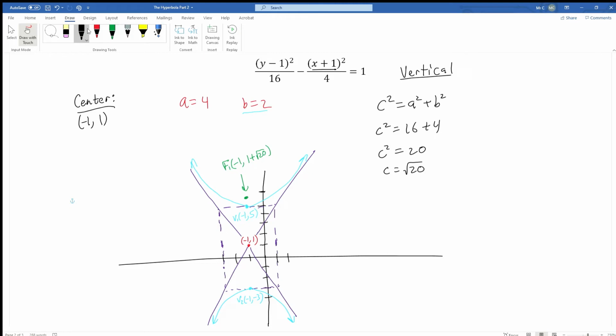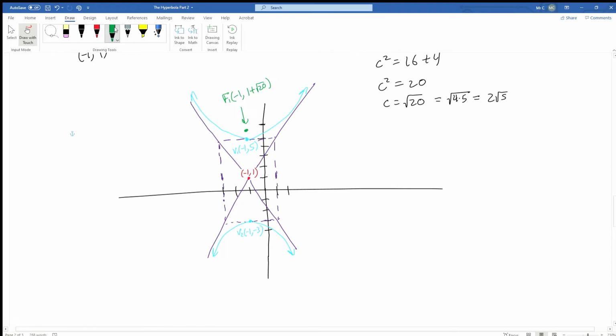And I should point out that, if you're doing an online program, working on some online homework, you're probably going to need to write this as 4 times 5. The square root of 4 is 2. So 2 square roots of 5 instead of the square root of 20. But that doesn't matter much to me.